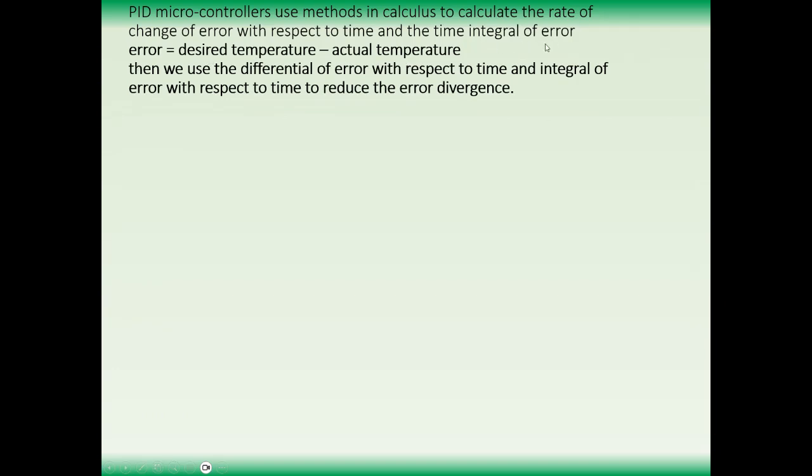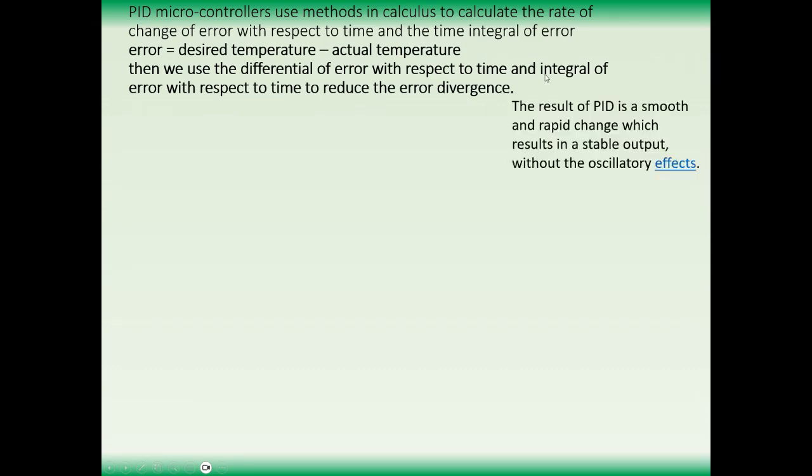You calculate the rate of change of the error with respect to time, and that gives you the differential, and you calculate the integral of the error over time. That is the total area under the curve. If you're not familiar with integration, in a nutshell it will give you the area under the curve.